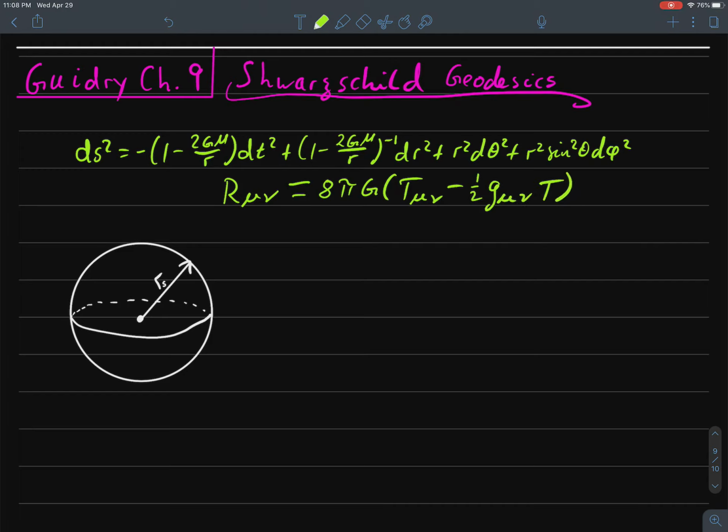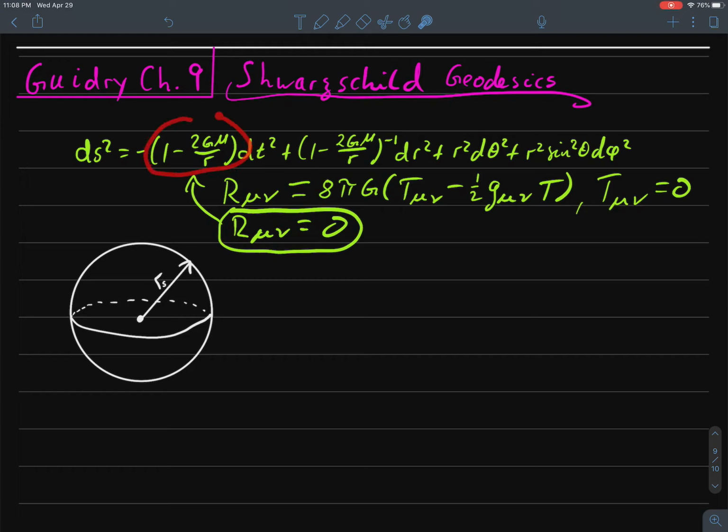And when we set T mu nu to 0, then we just have that R mu nu, the Ricci tensor, has to be 0. And so to solve this for a stationary mass that's statically constant, we get this solution here. And so we see here what this basically describes is a black hole.